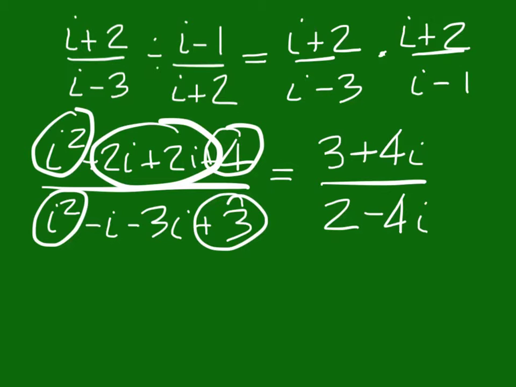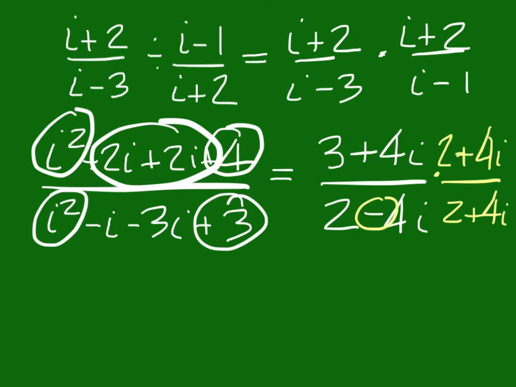Now we can't be finished with this yet because we still have an i on the bottom. So multiply the top and the bottom by 2 plus 4i. You want to do the opposite sign as this.